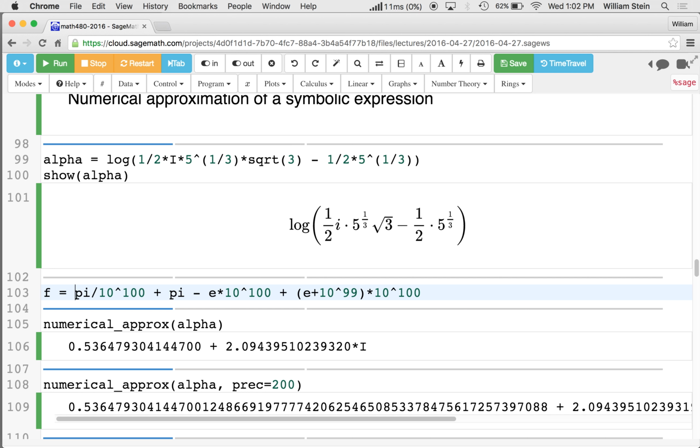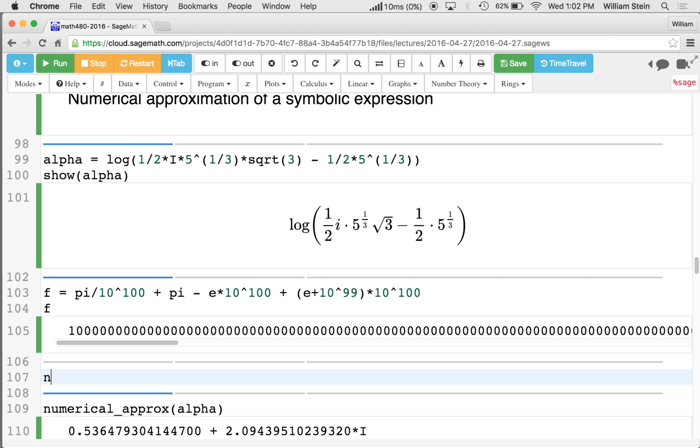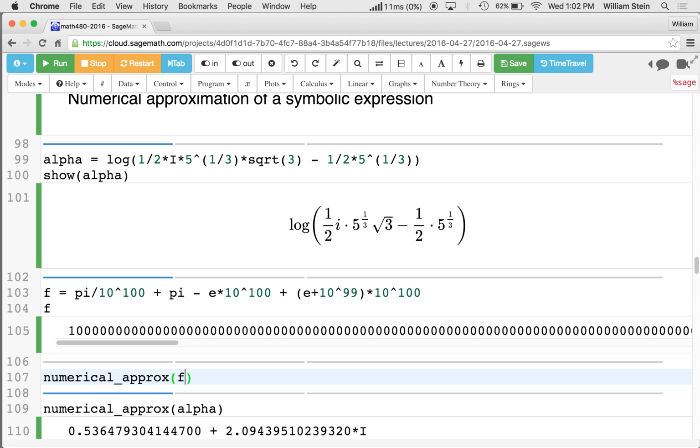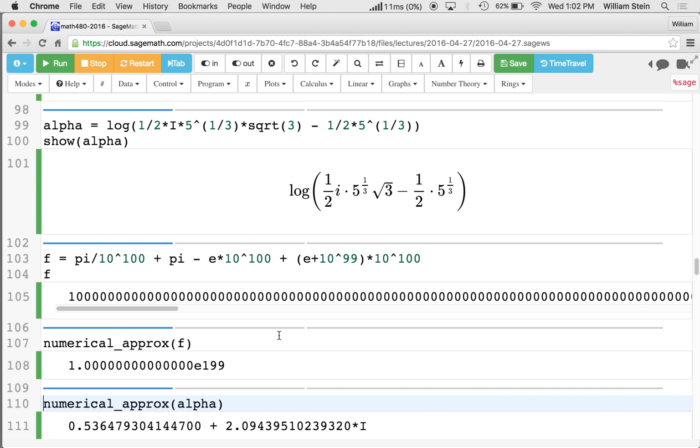Okay, I'm just making up something funny, but let's see what it looks like. It's hard to look at. Numerical approx of f, and it just says it's 1. Does that make any sense?